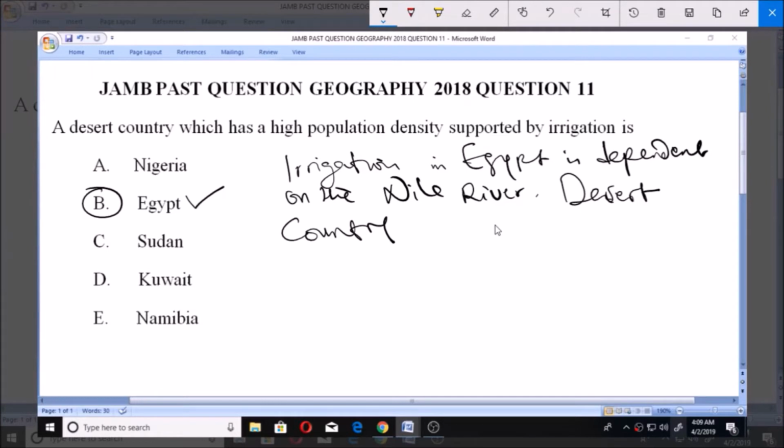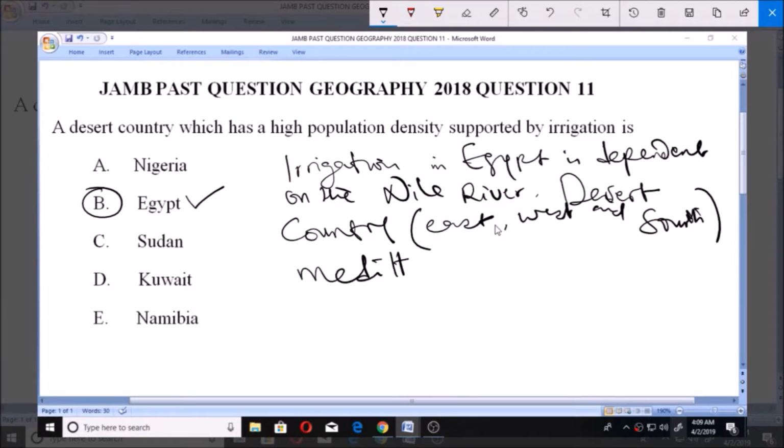It is surrounded by deserts in the east, west and south, and bordered by the Mediterranean in the north.